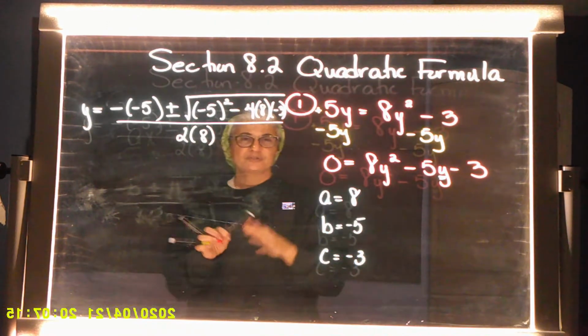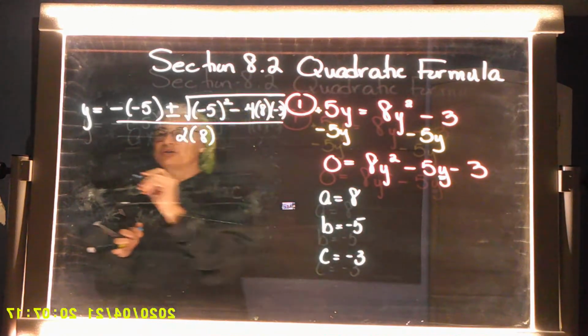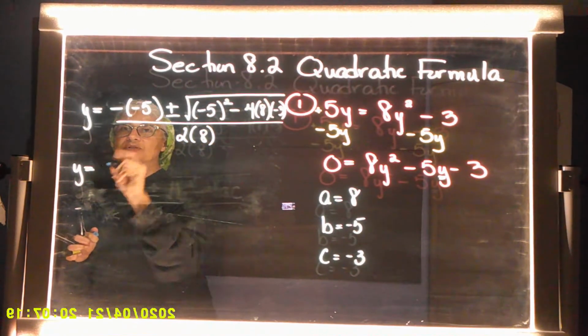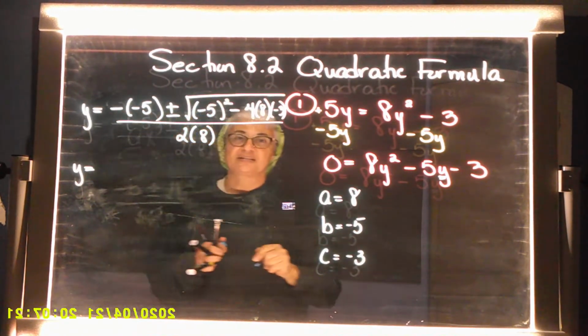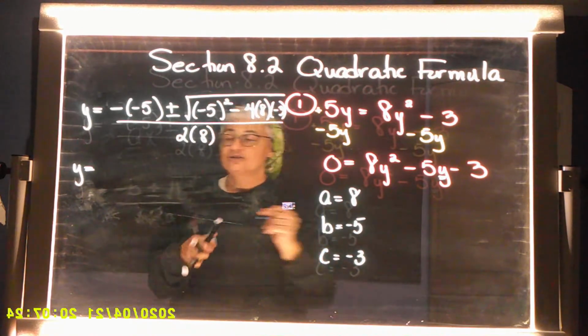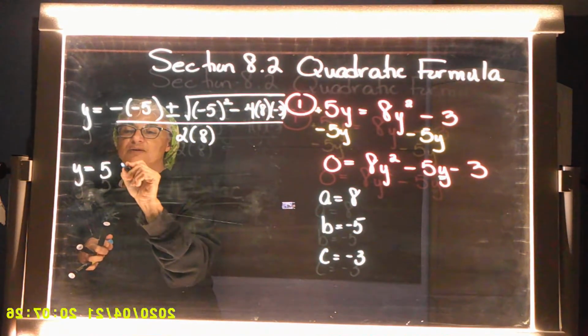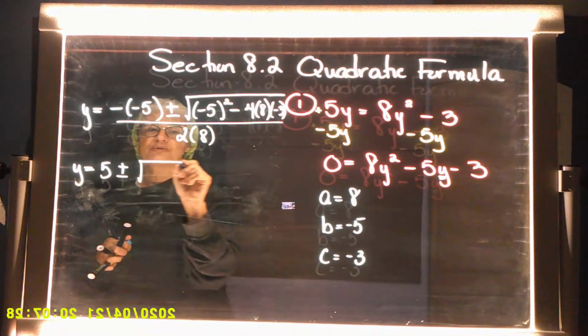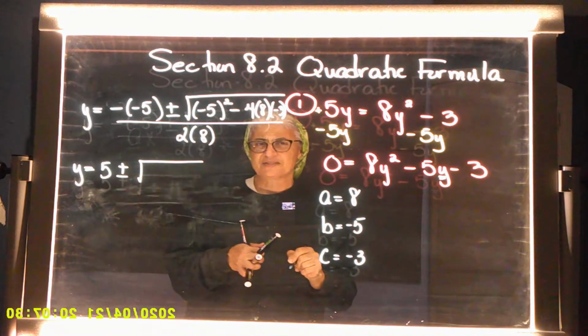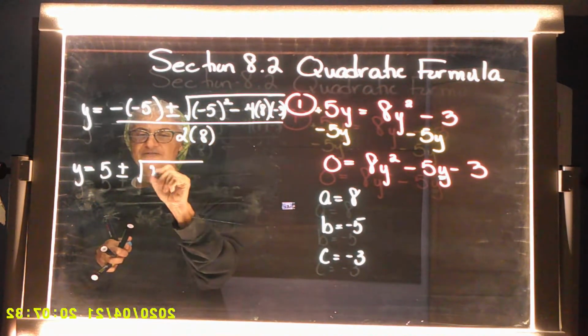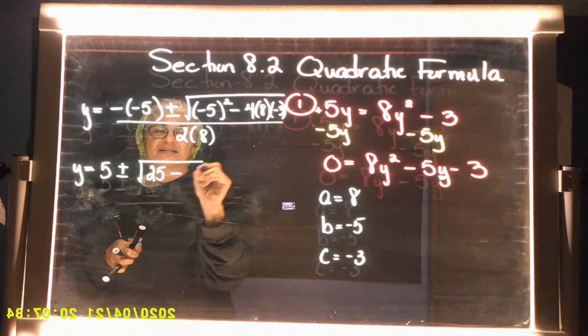Okay, so let's do some simplifying. So I still have y equals, now what's a negative in front of a negative 5? What does that make it? Good, it makes it positive. Plus or minus the square root. What's negative 5 squared? Excellent, 25. Minus.